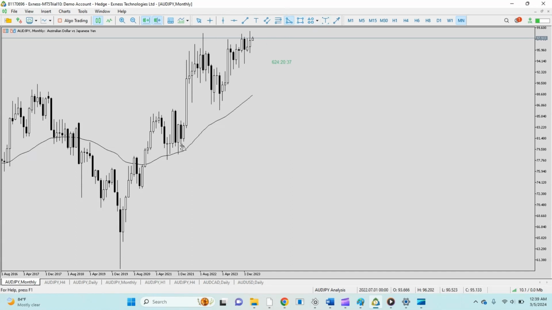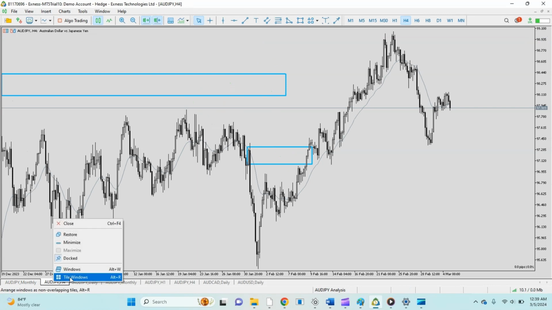I think there is a harmonic pattern here, and we have also this pattern. So we're expecting price to come down and obey the chart pattern.